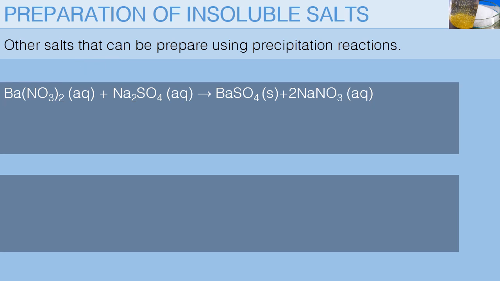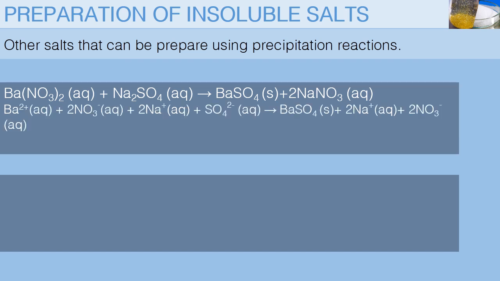The process of splitting an ion in water is called dissociation. So the ions will be dissociated in water, and therefore they are able to move about and reorganize themselves to form the products. The ionic equation of this reaction is written as follows.